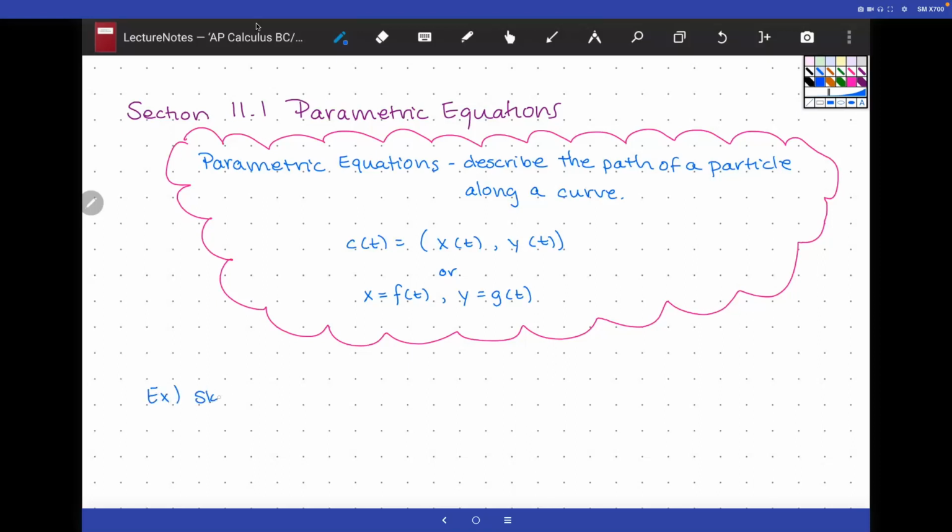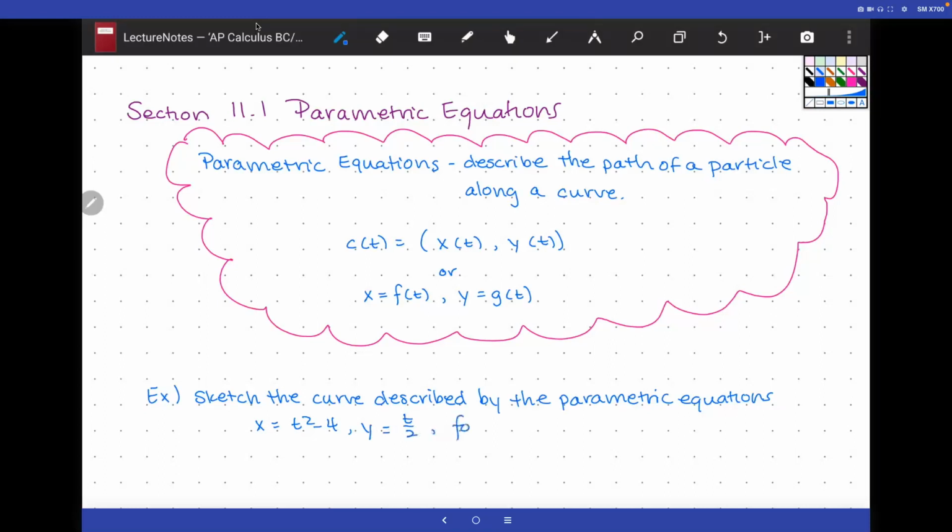Sketch the curve described by the parametric equations x equals t squared minus 4, y equals t over 2 for negative 2 less than or equal to t less than or equal to 3.